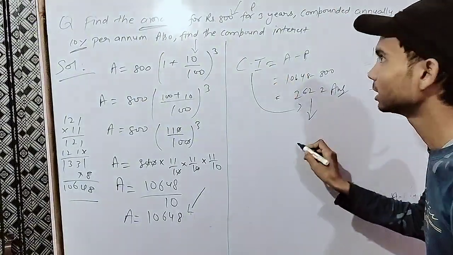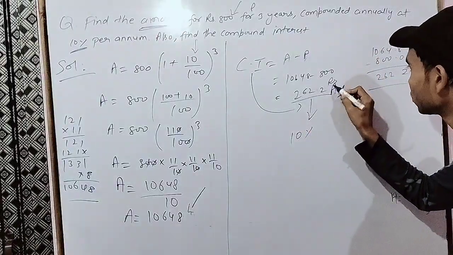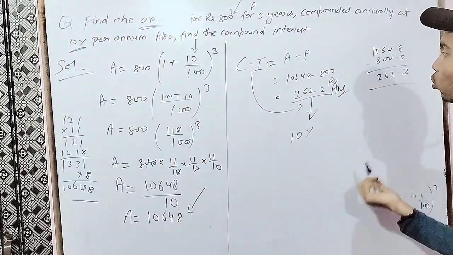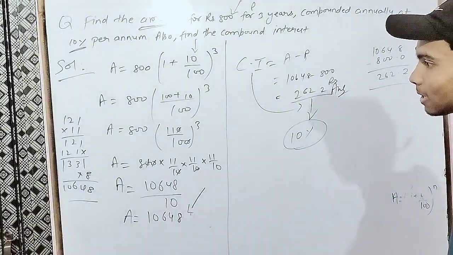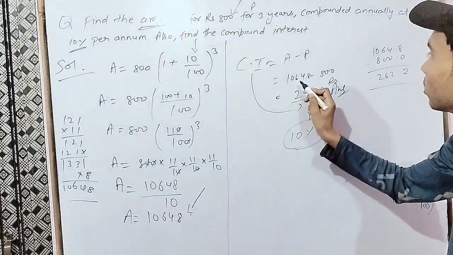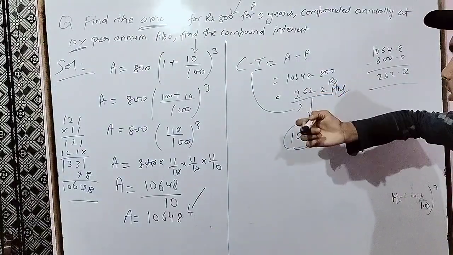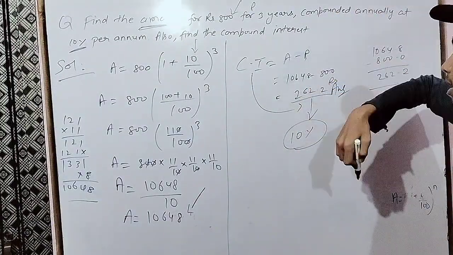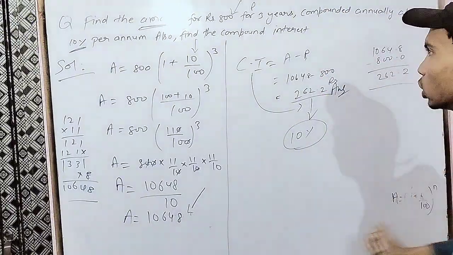In percent it is 10%, but in rupees it is 264.8. And 1064.8 was the final amount which was paid to the vendor.